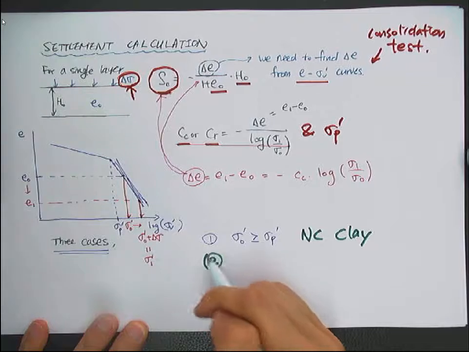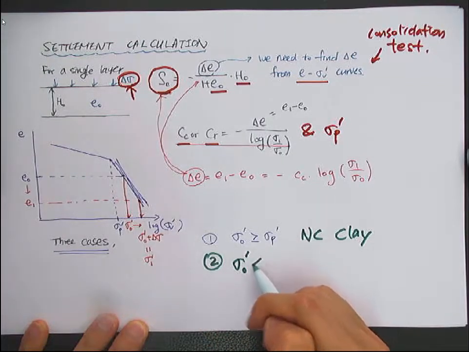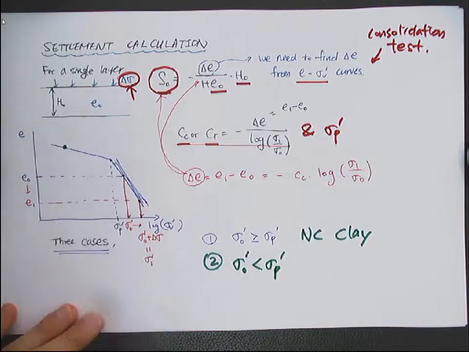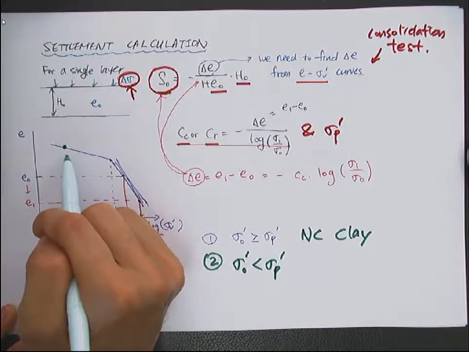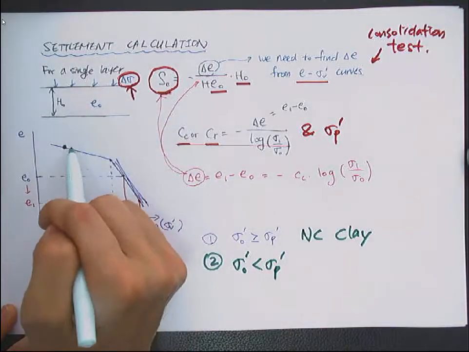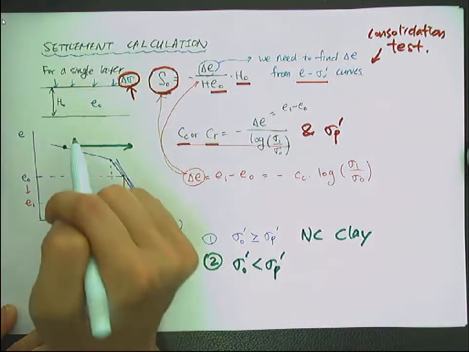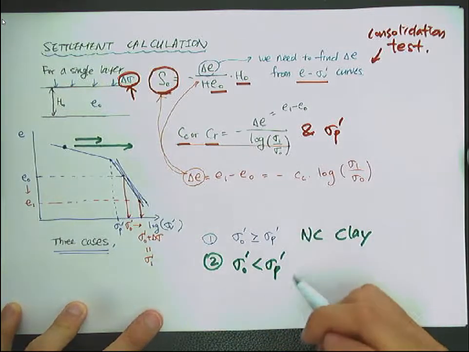And the second is if the sigma naught prime is less than sigma p prime, so that your initial void ratio and vertical effective stress is here, and by this delta sigma, it may exceed the sigma p prime, or it may not exceed the sigma p prime. So you have two cases.